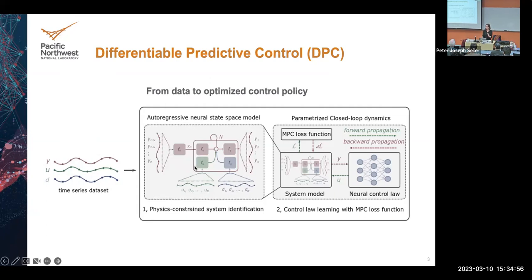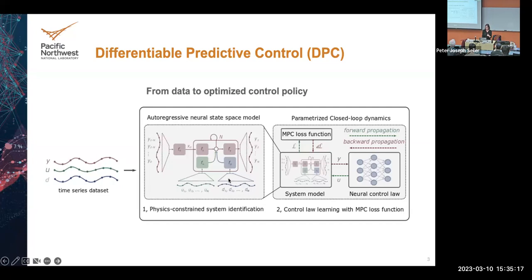The first step in our approach is to do system identification. And to do system identification, we leverage deep learning methods, in a form in which we're using both the physics knowledge about a particular system we're looking at, as well as the deep learning tools.